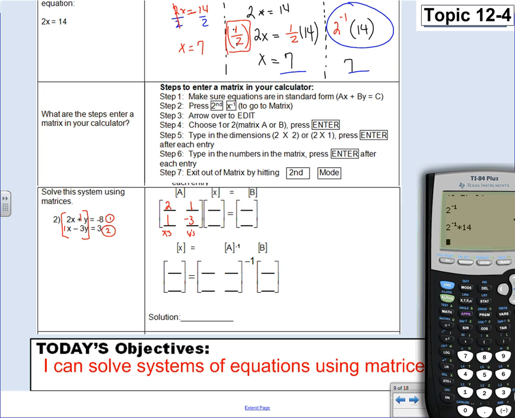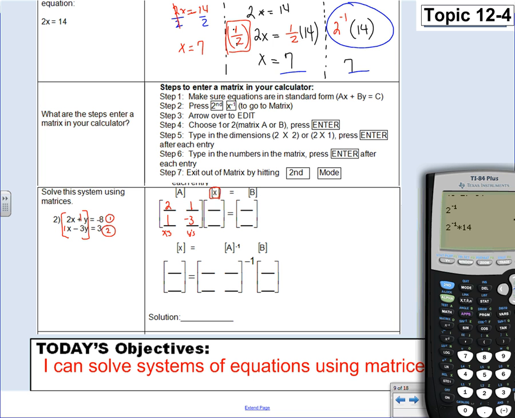The second matrix we call matrix X. X in our equations has always represented an unknown. If we go back to the equation we solved up above, the 2x equals 14, the x represents the unknown number we're trying to solve. So in this case, our matrix X is going to represent the letters that we're trying to solve.